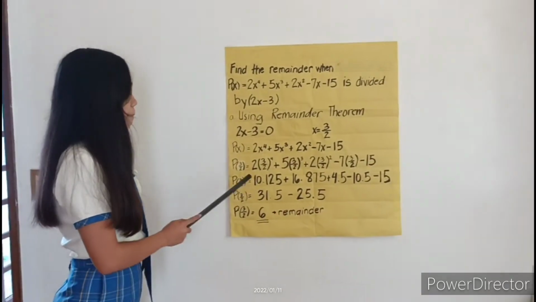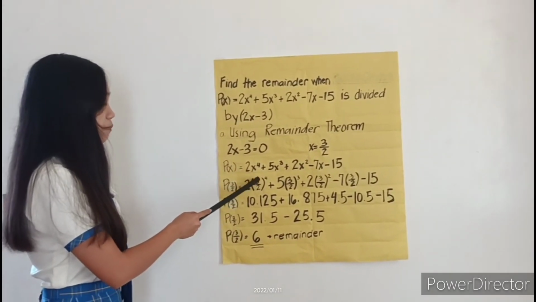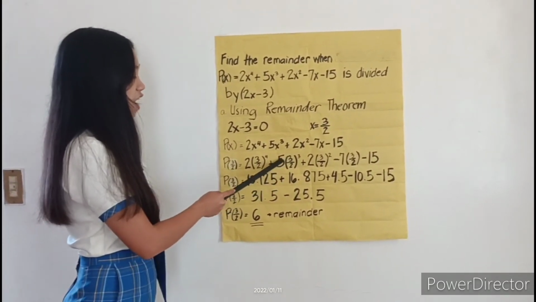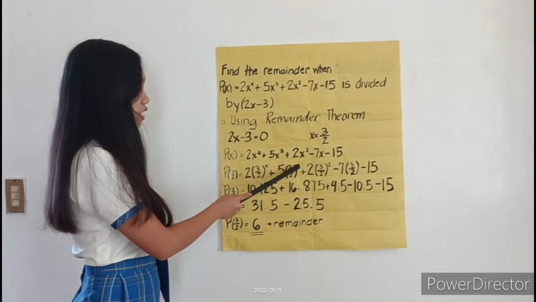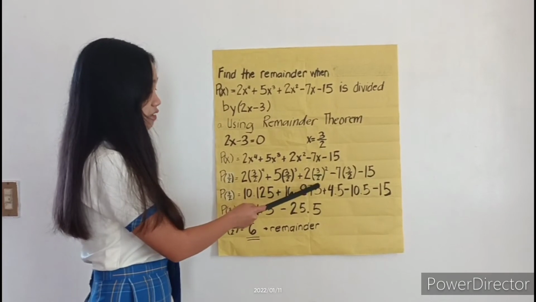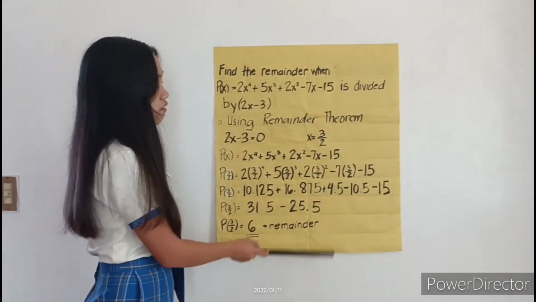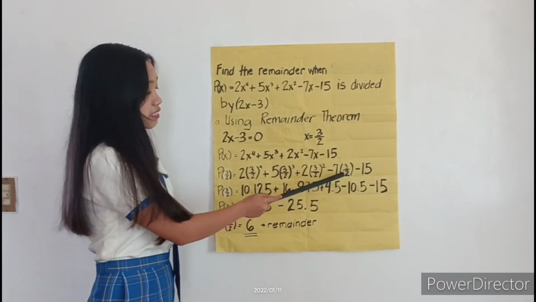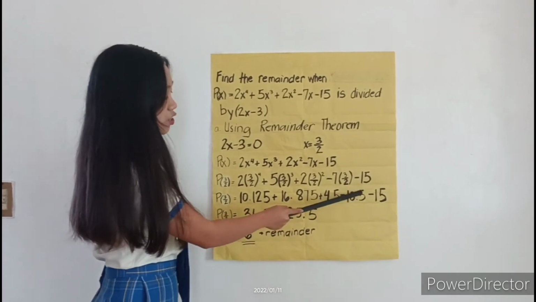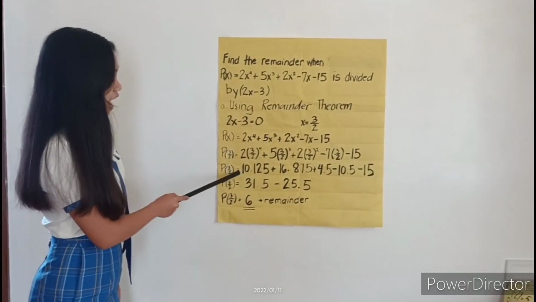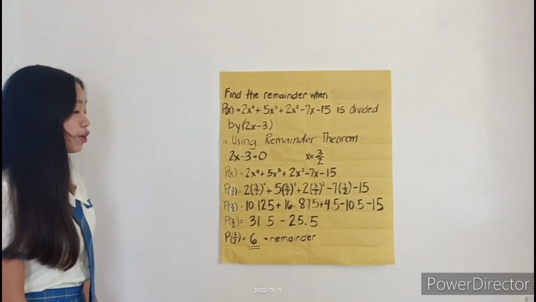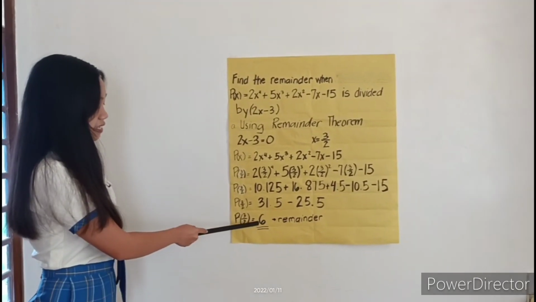Let's simplify. 2 times 3 halves raised to 4 is equal to 10.125, plus 5 times 3 over 2 raised to 3 is equal to 16.875, plus 2 times 3 halves raised to 2 is equal to 4.5, minus 7 times 3 halves is equal to 10.5, then minus 15. So we have now 31.5 minus 25.5. Then our remainder will be 6.